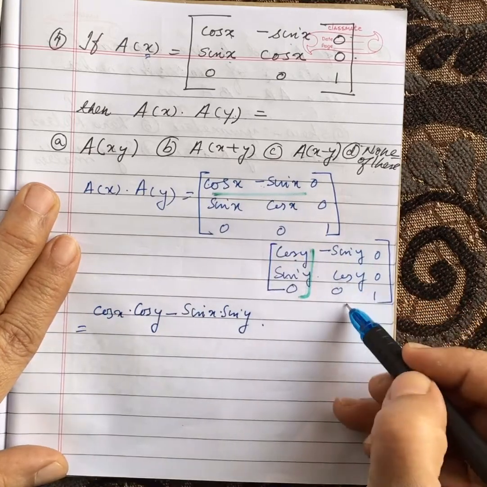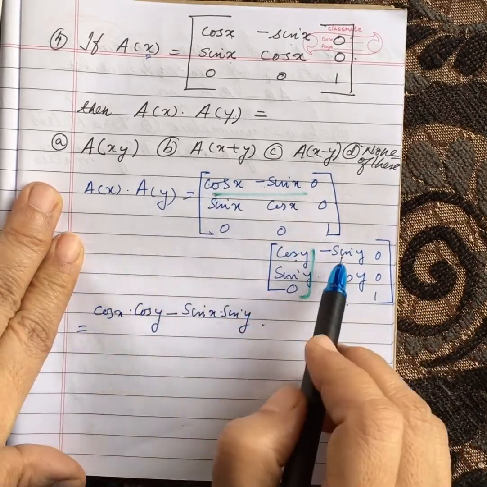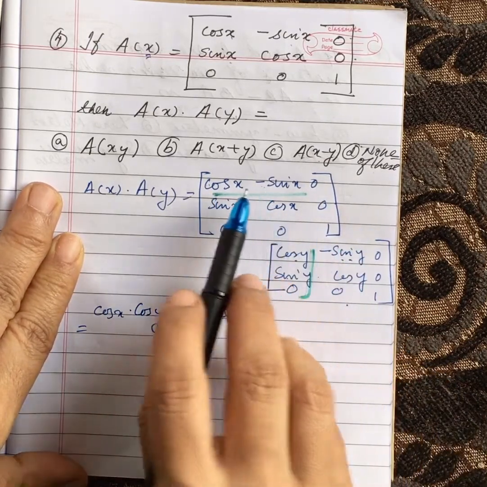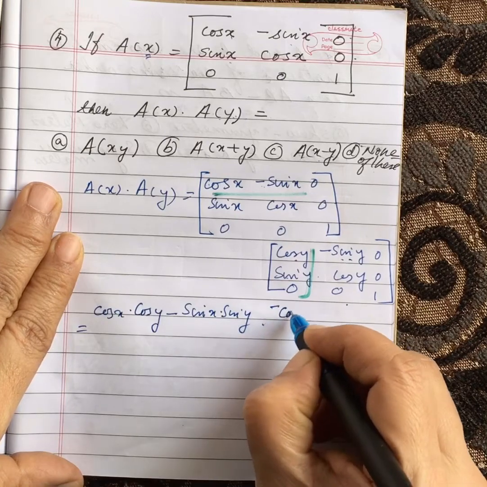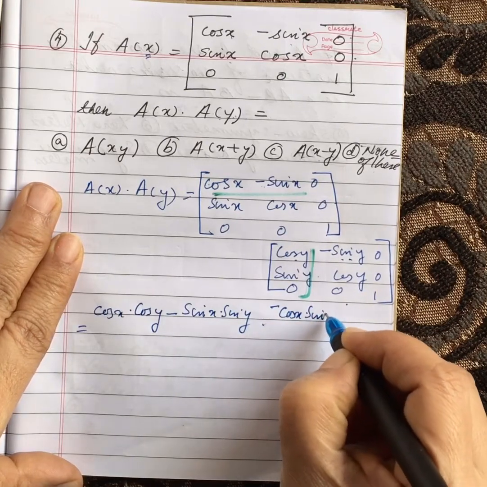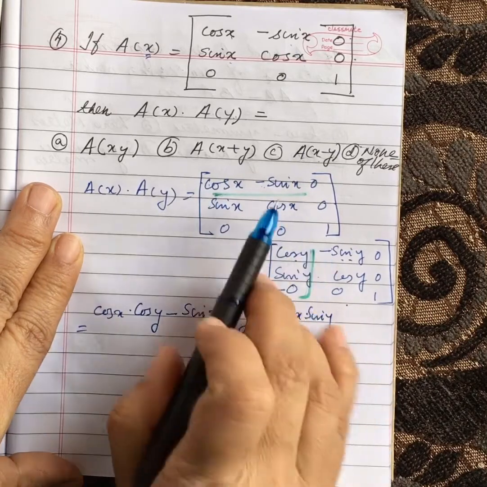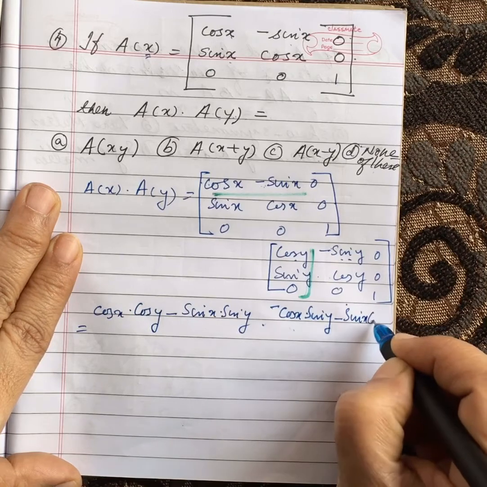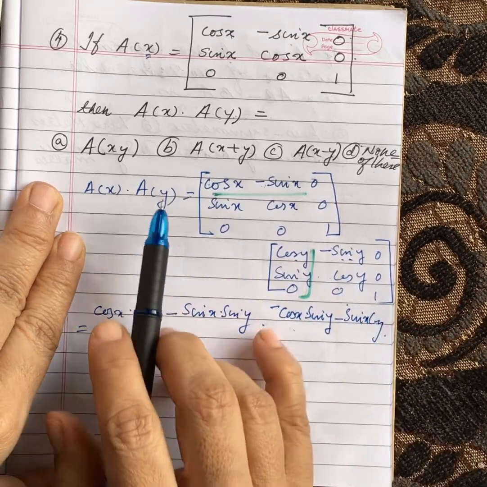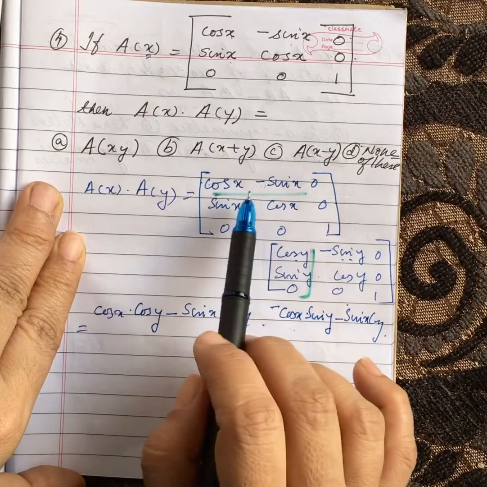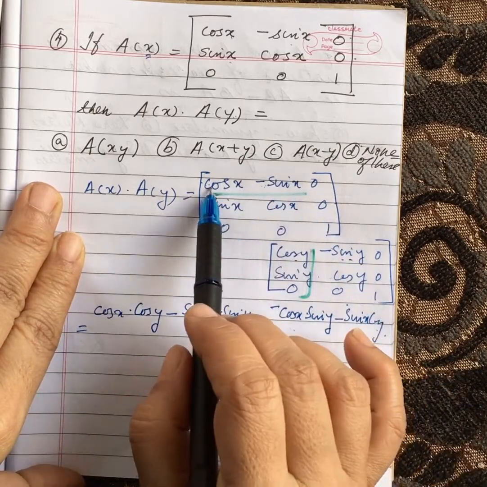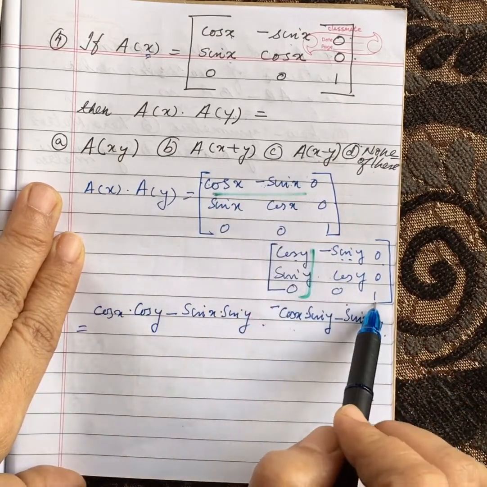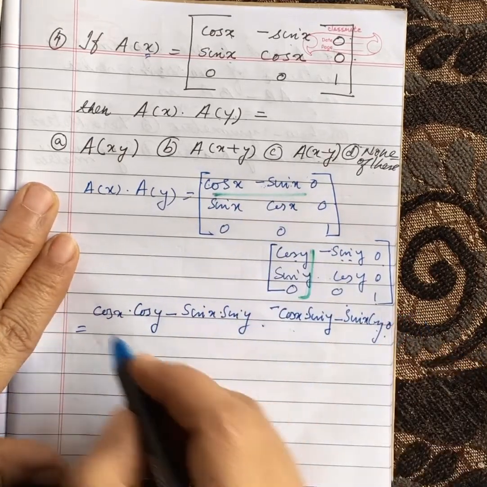Then first row with second column, cos x into minus sin y, it is minus cos x sin y, then minus sin x cos y, plus 0. Then this with the third one, when you multiply cos x into 0, 0, sin x into 0, 0, 0 into 1, 0. So the last element is 0.